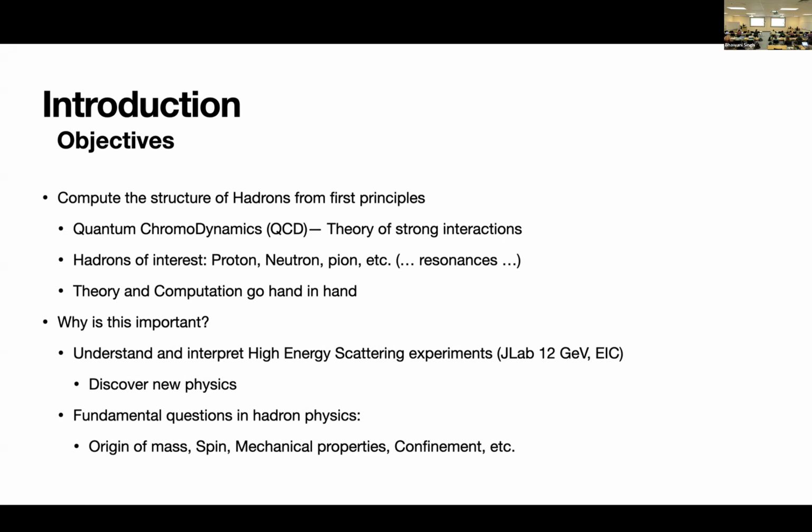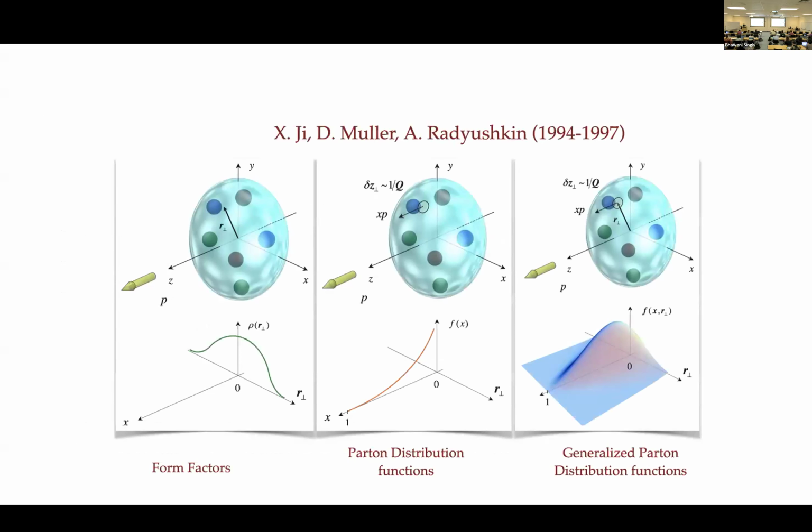If you want to discover new physics, because you use protons as your target in high energy experiments, you need to understand its structure. But also you can ask fundamental questions about hadron physics, such as the origin of mass, of the spin, mechanical properties of the hadron, confinement. These are fundamental questions that you can ask by studying hadron structure.